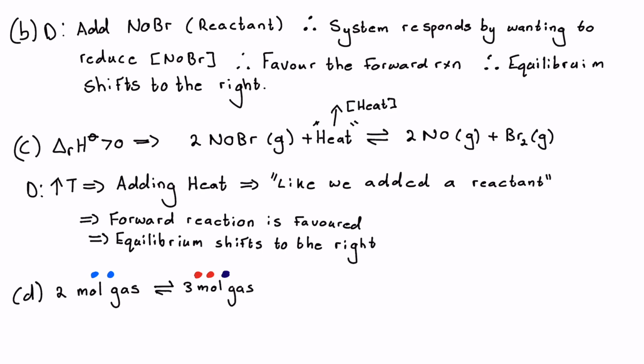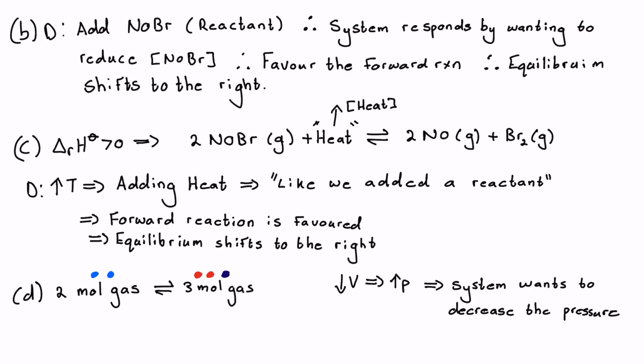And like I said, a decrease in the volume actually means we increase the pressure of these gases. So how does the system want to respond? Well, an increase in the pressure means the system wants to decrease the pressure. And how will it decrease the pressure?